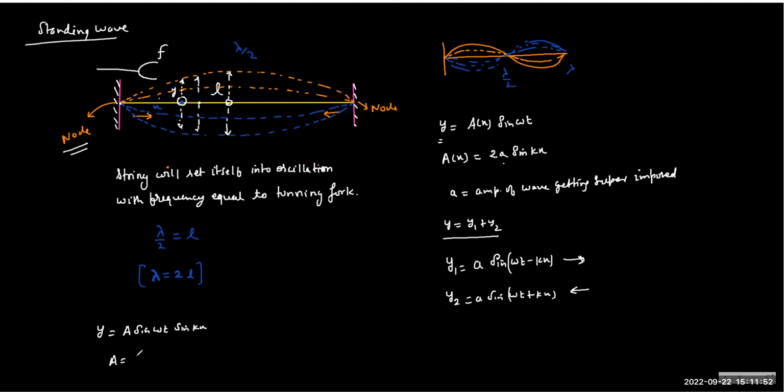And the A is twice the A of the individual wave.